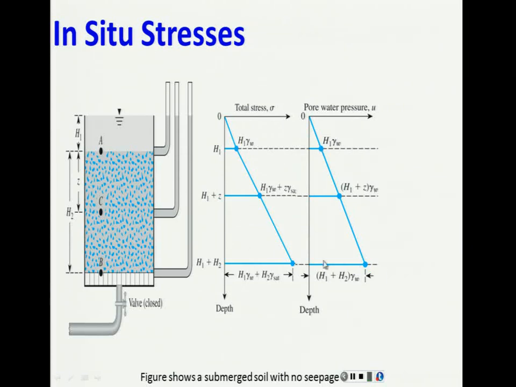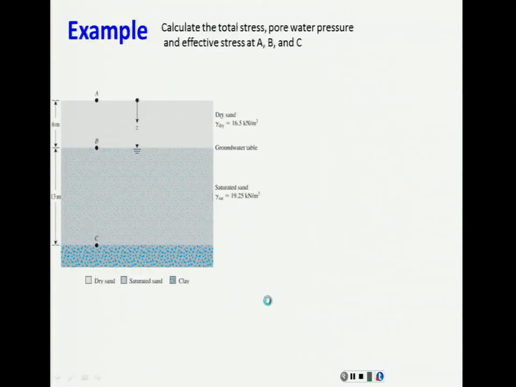And at this point, when we subtract this minus this, what you're getting basically is what we said before: the effective stress is going to be the height of the column of the soil multiplied by the submerged unit weight, when you don't have seepage. If you have seepage, this is affected by the seepage, as we will see soon.